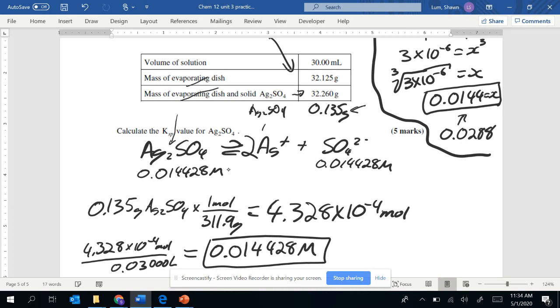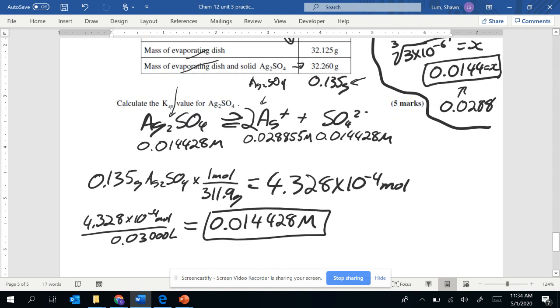This value for silver is going to be twice as much, so times 2 equals 0.02885 molarity. Okay. Still not done yet.